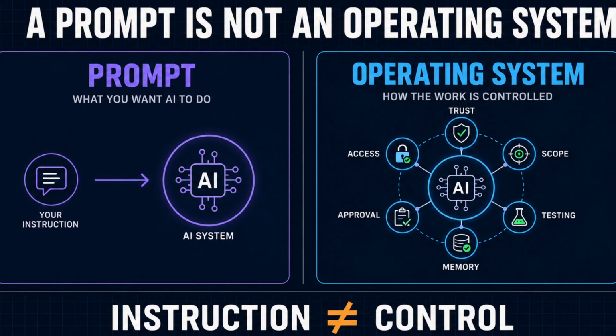A prompt is an instruction. It tells the AI what you want it to do. An operating system controls how that work happens. It decides what information the AI should trust, what it is allowed to access, what it's allowed to change, what the result should look like, and when it must stop.